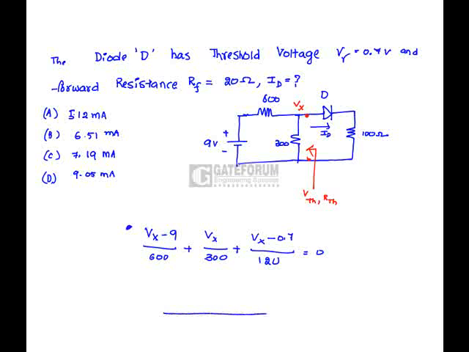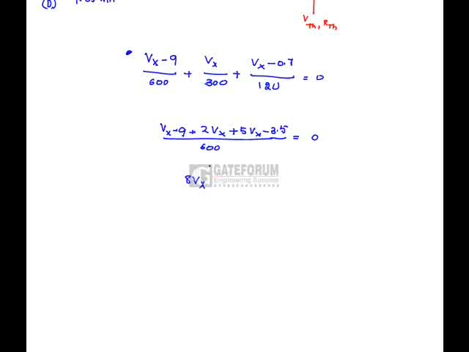So if we take 600 as an LCM, Vx minus 9 plus 2Vx plus 5Vx minus 3.5 is equal to 0. So 8Vx is equal to 12.5. So Vx is nothing but 12.5 divided by 8.